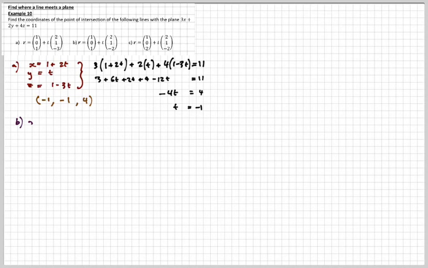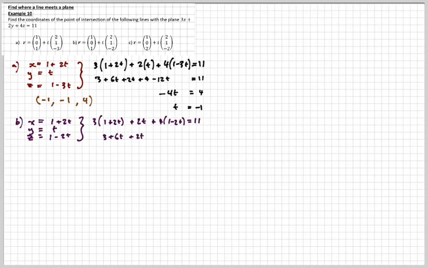Okay, so for part B, if we go about it in the same way, we have our x, y, z values equal to 1 plus 2t, t, and 1 minus 2t this time. Substituting these x, y, z values into the plane gives us the following. Now what should happen is we'll have a different end result. So if we look at what's happening, when we expand, all the t's are going to cancel, and we get 7 equals 11, which is what we're going to call inconsistent.